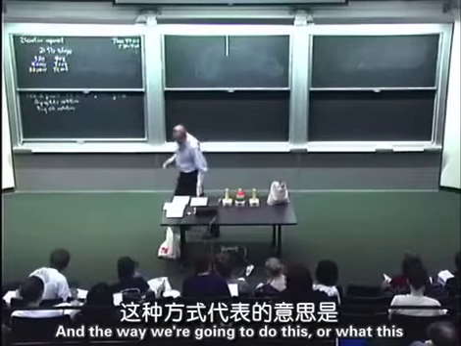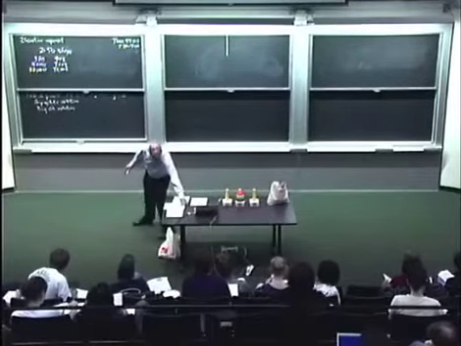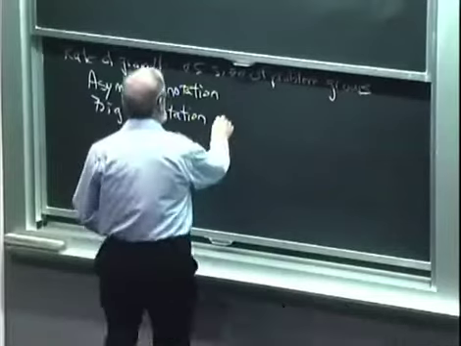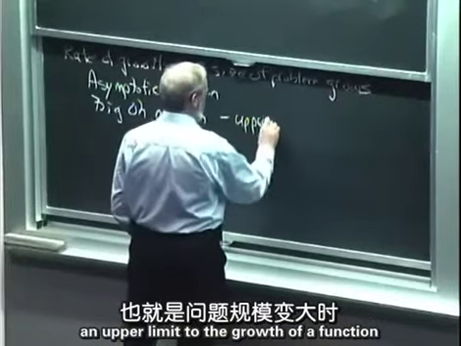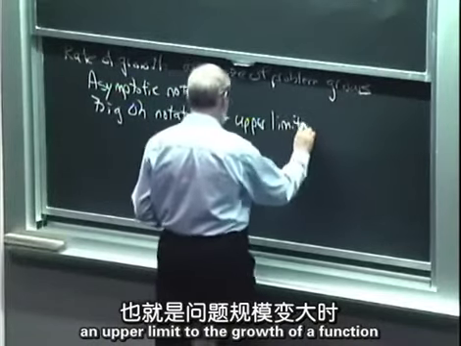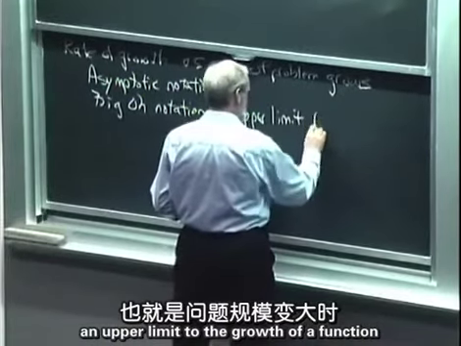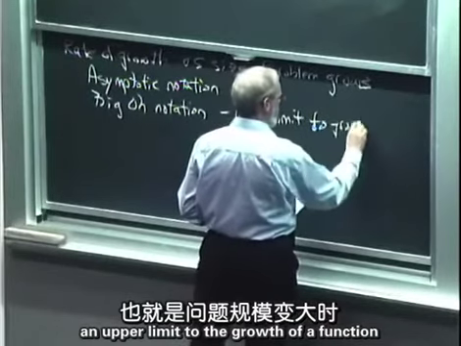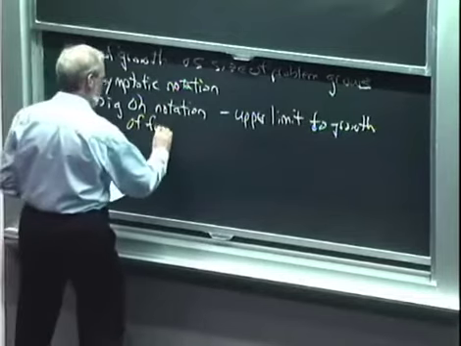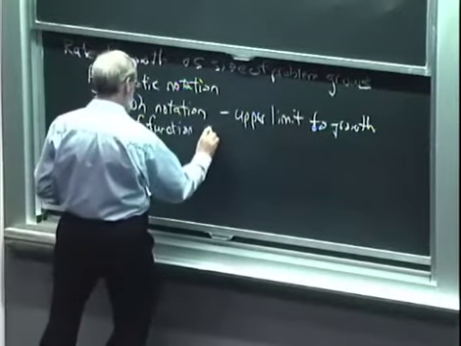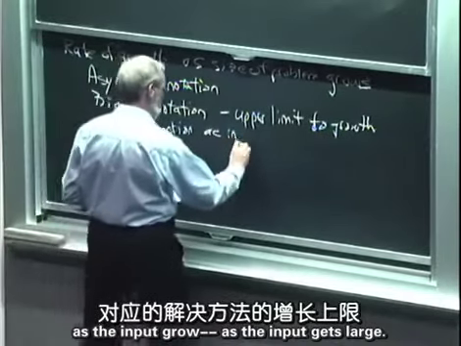And the way we're going to do this, or what this represents, let me write this carefully for you. Big O notation is basically going to be an upper limit to the growth of a function as the input gets large.